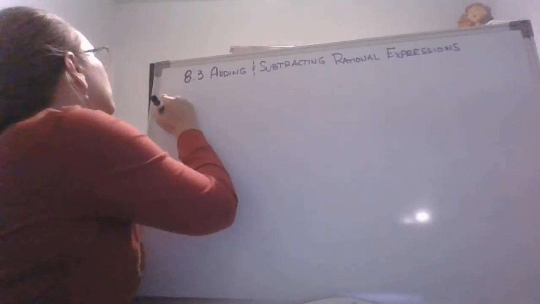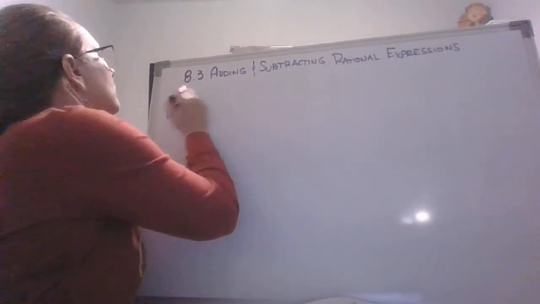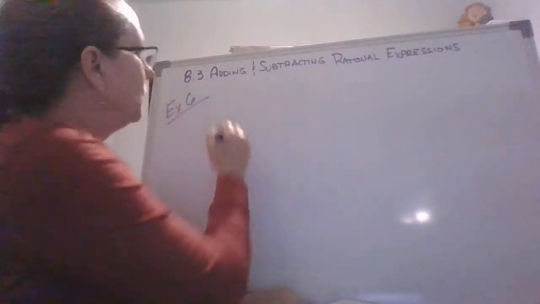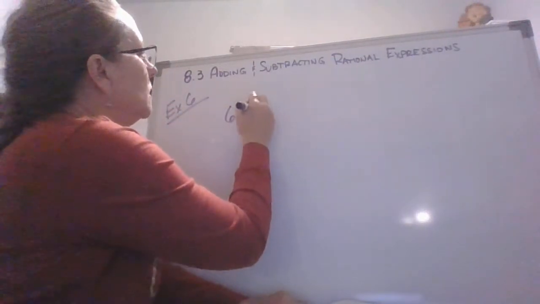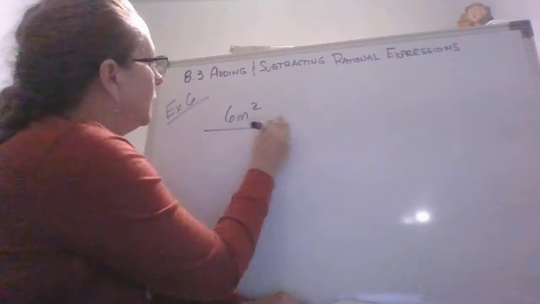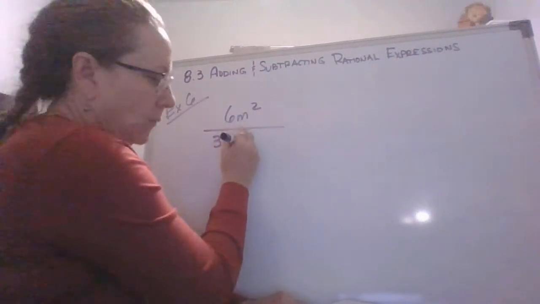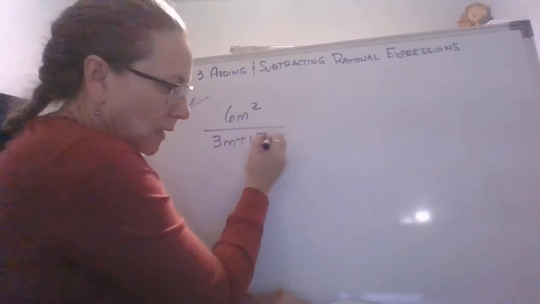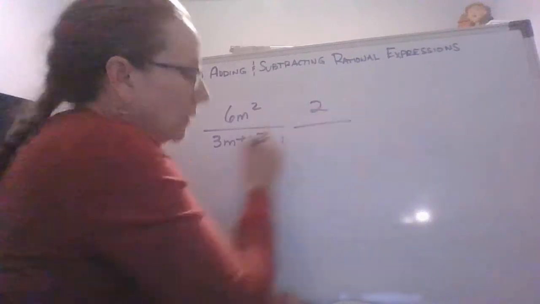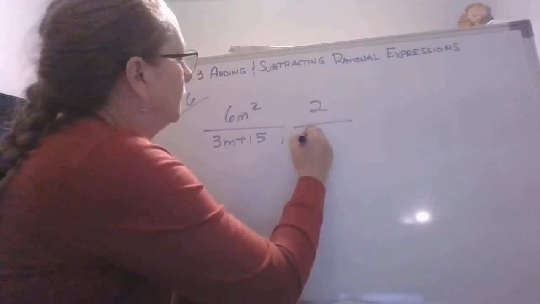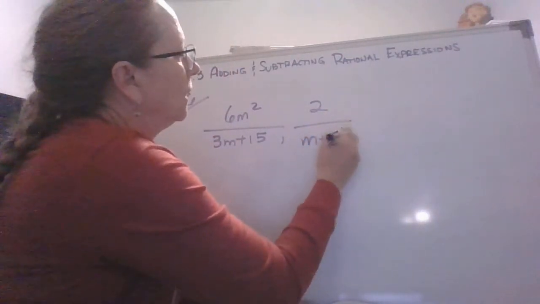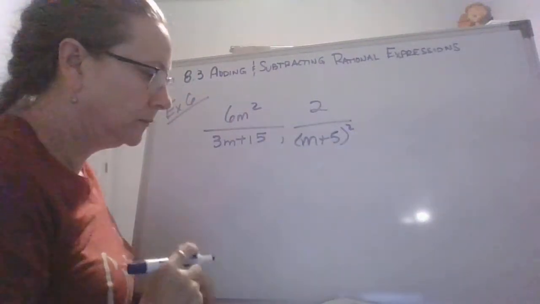Example 6. So in example 6, we have 6m squared and 3m plus 15 and 2 over m plus 5 squared.